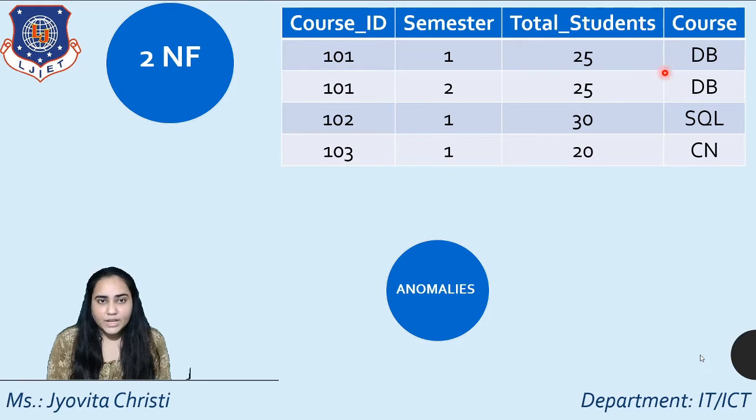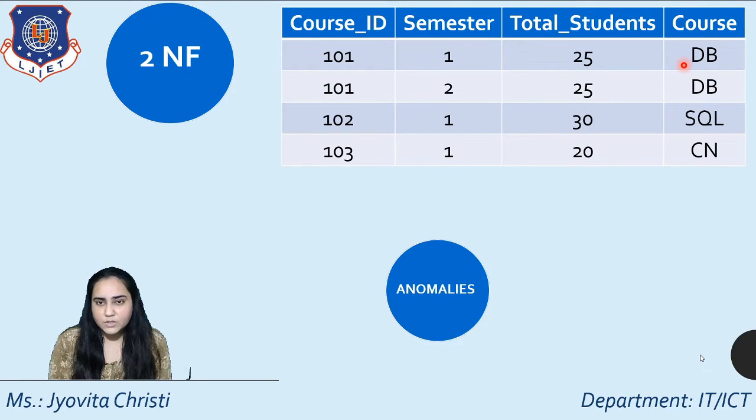And this is just a small table, it's just a sample of a big database. But in reality, if you look at a database, it's going to contain a lot of values. The database does not simply contain a table that has just 4 columns and 4 rows. That's not it. It would contain many rows. And in this case, it contains only 4 rows, and even then there's a redundancy in the course name.